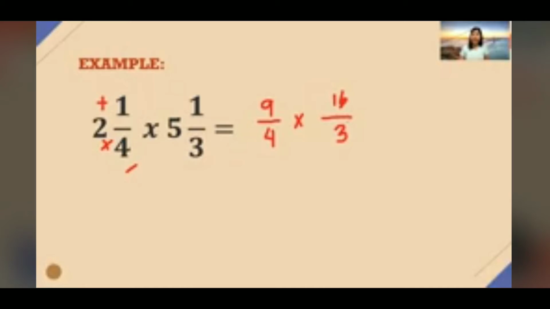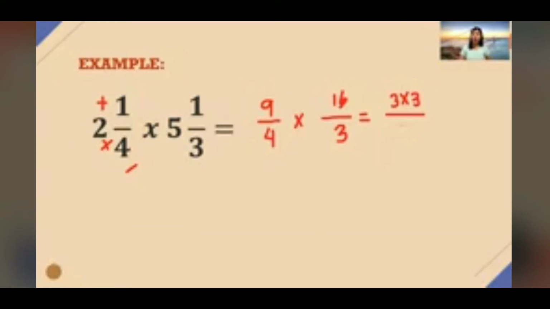So let us use the cancellation method here. So let us use the option B, wherein we are gonna look for the prime numbers or prime factors of the numbers. So 9, what are the prime factors of 9? 3 and 3, because 3 times 3 is 9.